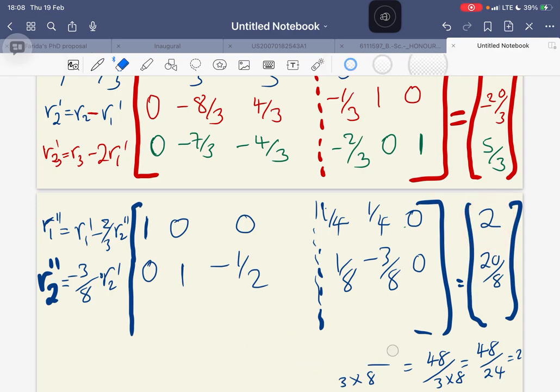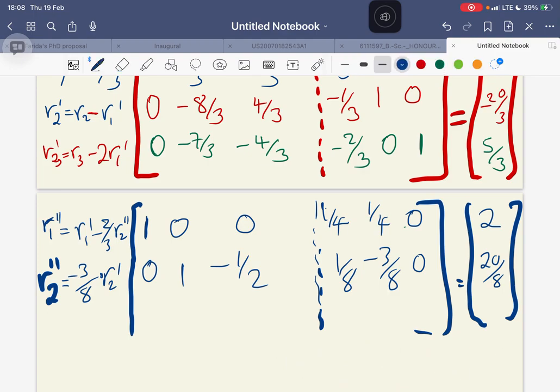So we now come to the last row, row 3. So in row 3, what we will do is row 3 double prime. We look at what we have in row 3. We want to eliminate minus 7 over 3 and make it 0. So to do that, we just make this one positive 7 over 3 and add them.